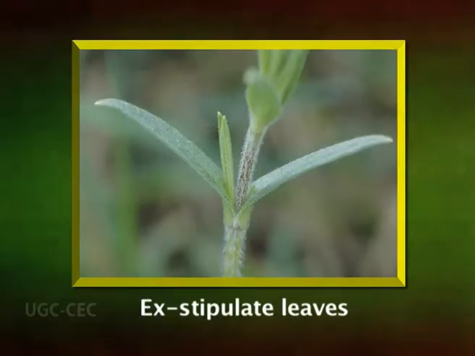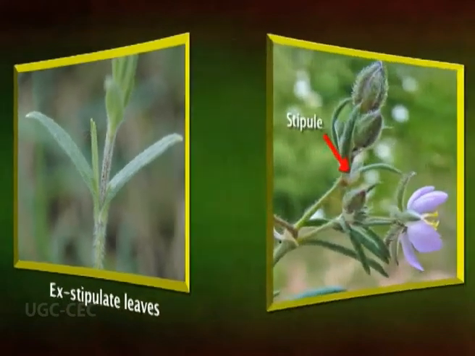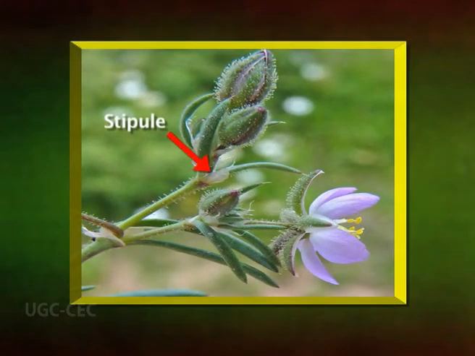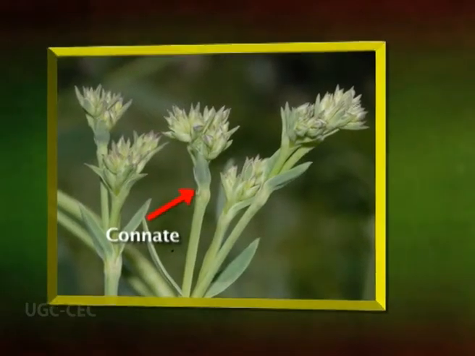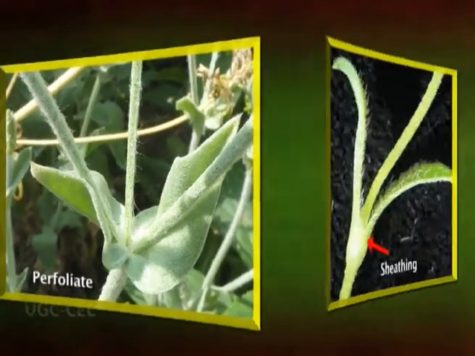Leaves are usually exstipulate, and if sometimes stipulate, then the stipules are scarious. Leaf base is usually connate or perfoliate and sheathing. In Arctic forms of Caryophyllaceae, the leaves are usually highly reduced.